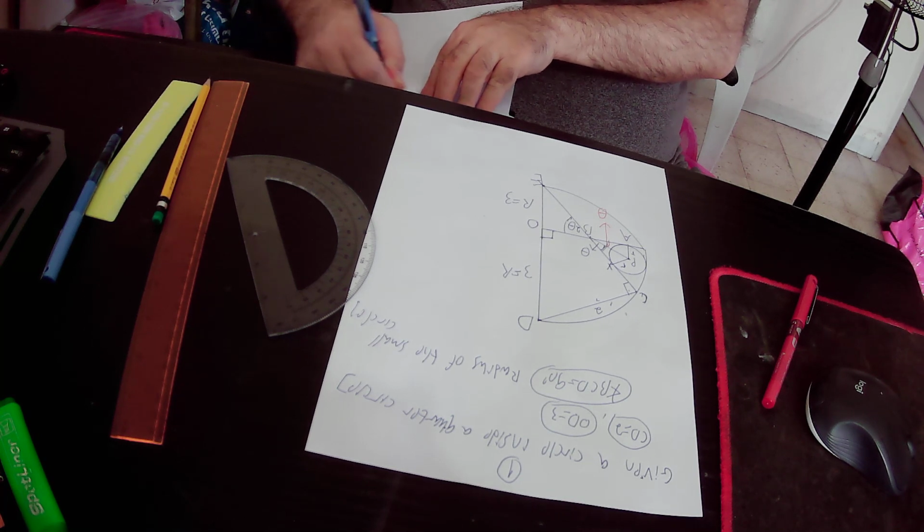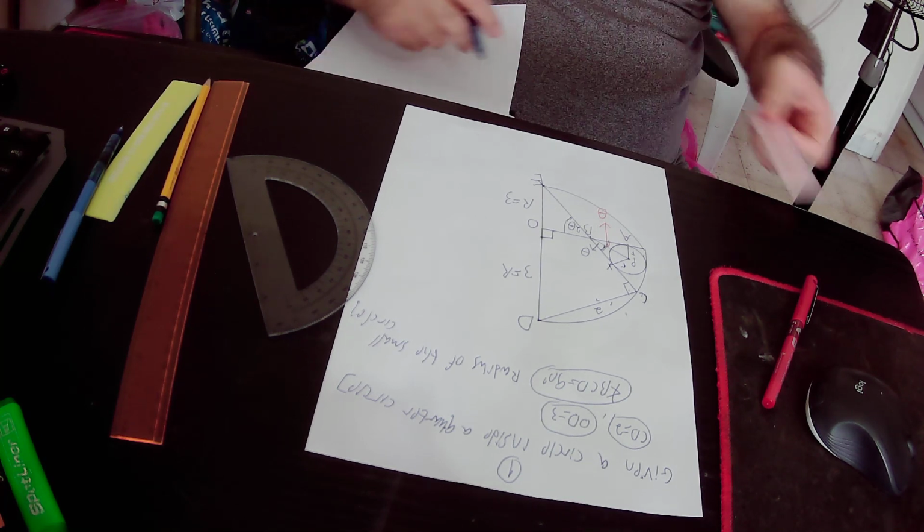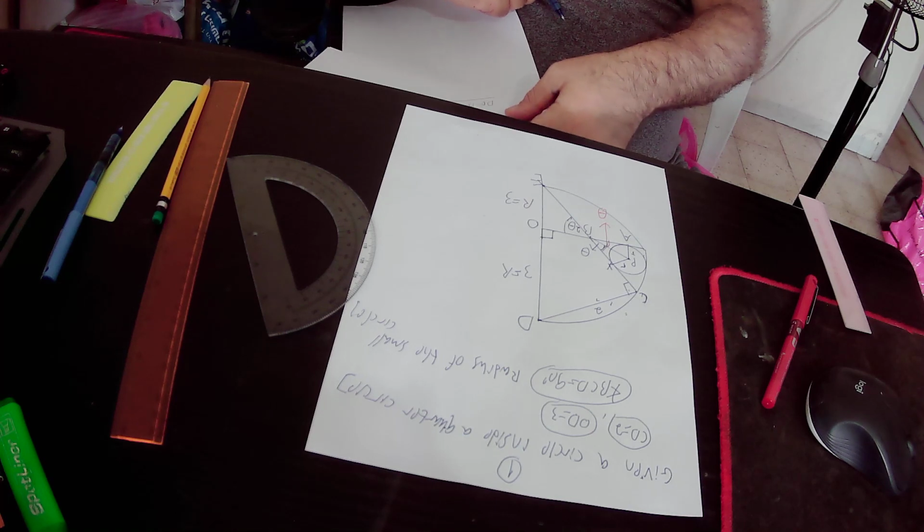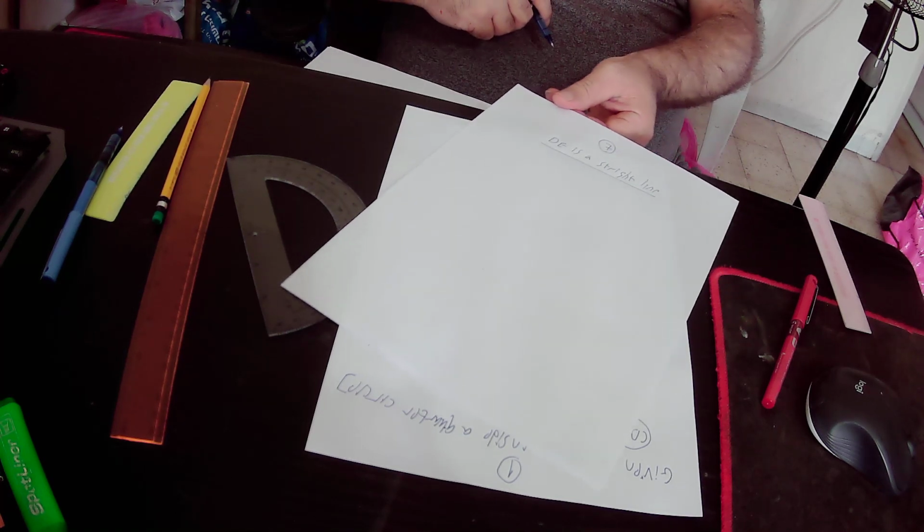Again, DE is the diameter of the semicircle, it is a straight line.